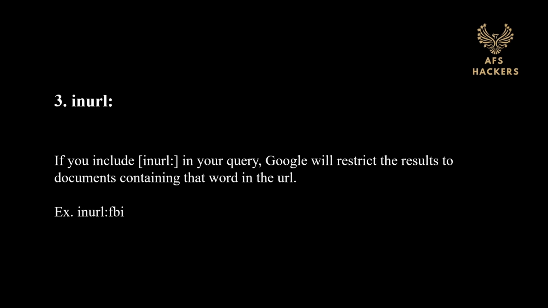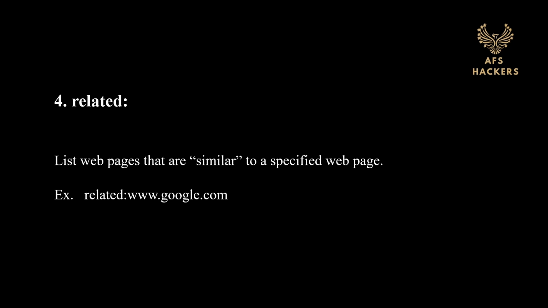Then Google will display all the results related to FBI. Let's see the fourth one, related. It will list web pages that are similar to a specified web page. For example, if I am searching related:google.com, Google will display all the results related to the google.com domain.